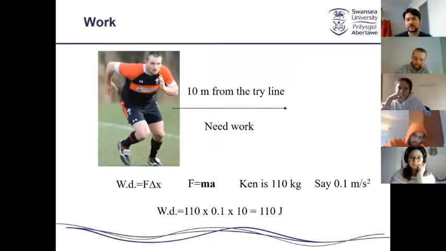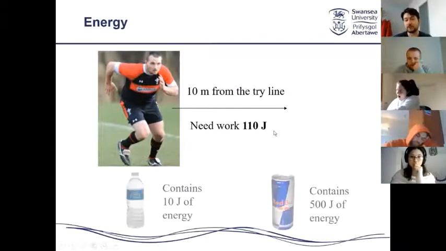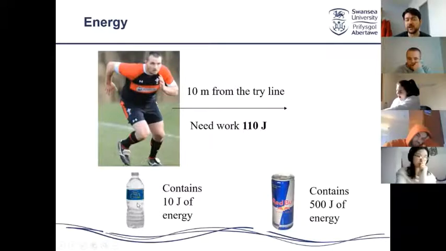And this brings us to the concept of how work and energy are related. This is in some ways, I would say, possibly the trickiest part of this thought process. We've already defined the work needed as 110 joules, and if you remember, I brought up the concept of energy being the capacity to do work.